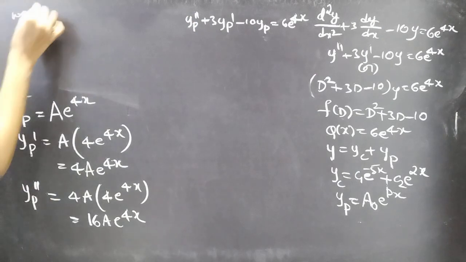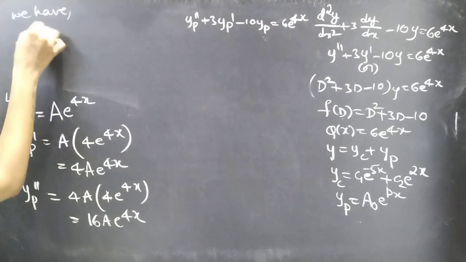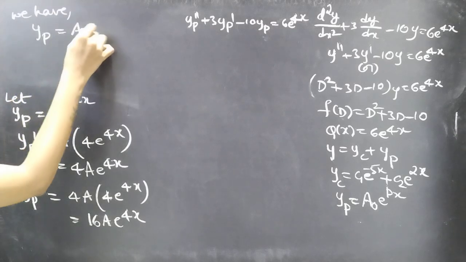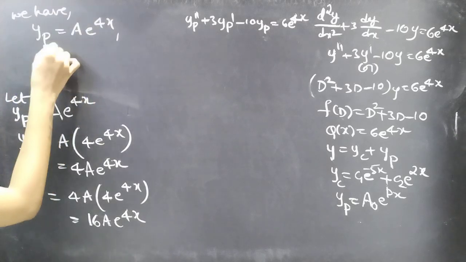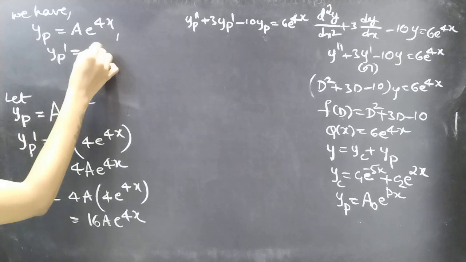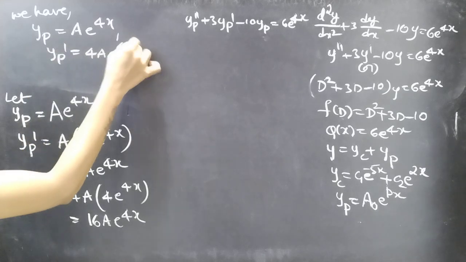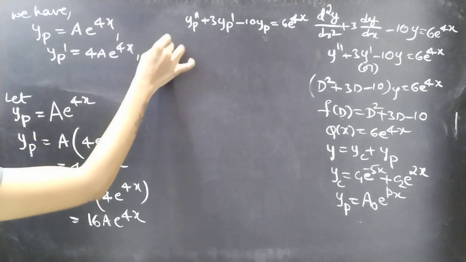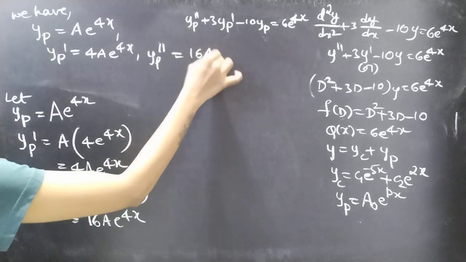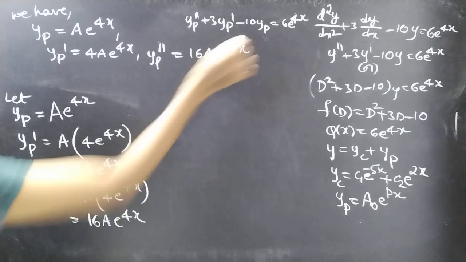We have yp equal to a e power 4x, yp dash equal to 4a e power 4x, and yp double dash equal to 16a e power 4x, right?